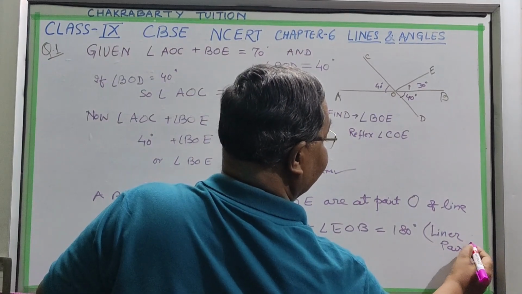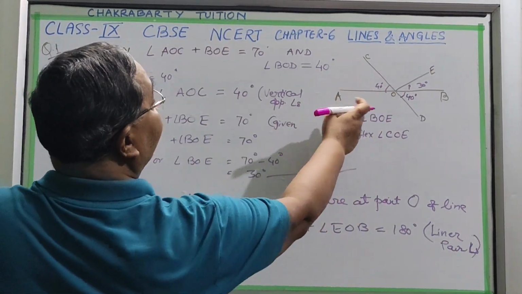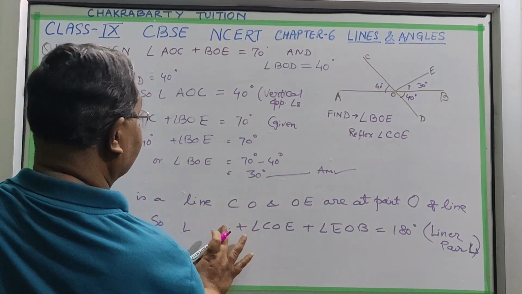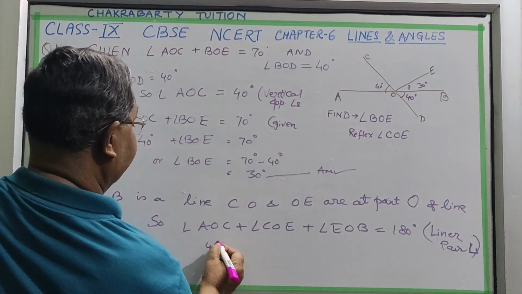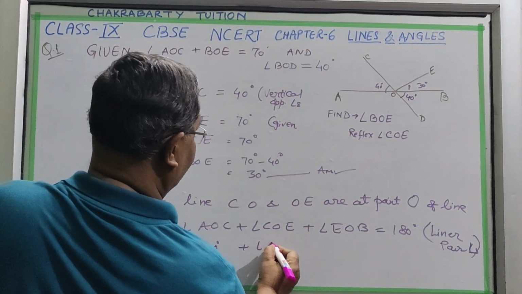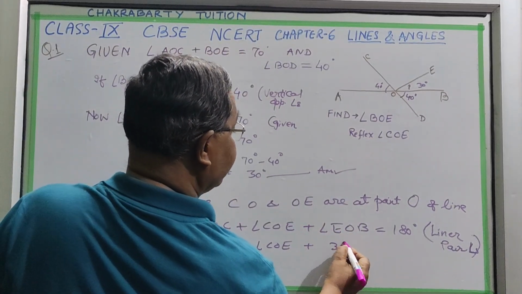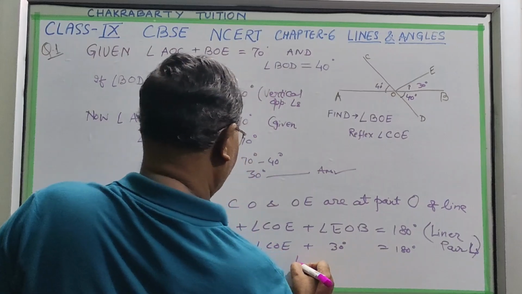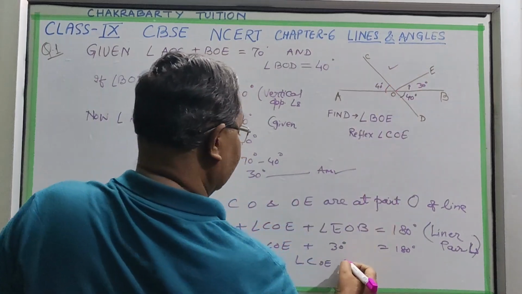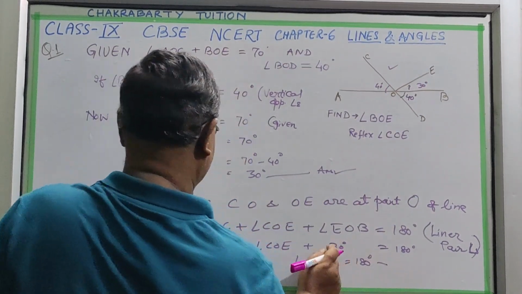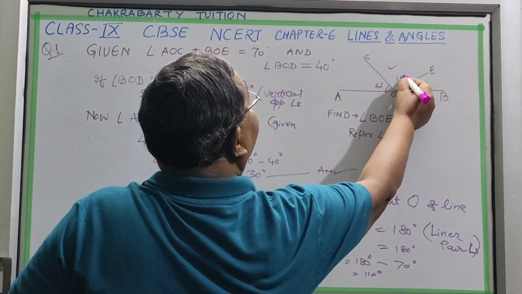So here AOC is 40 degrees, plus COE, which you have to find, plus EOB 30 degrees, is equal to 180 degrees. So angle COE will be 180 degrees minus 70 degrees, equal to 110 degrees.